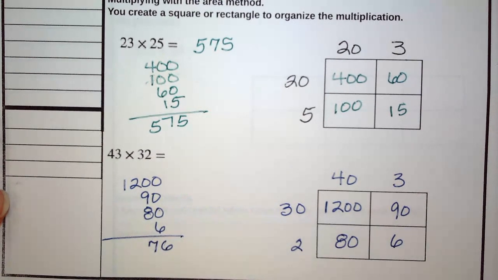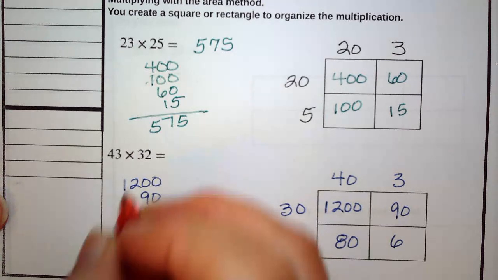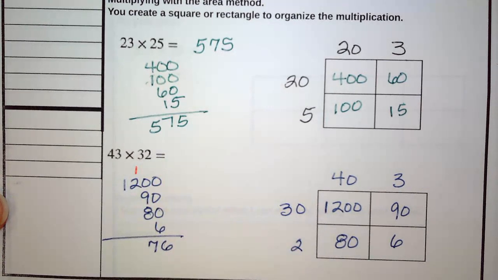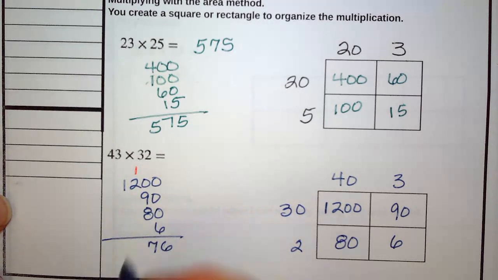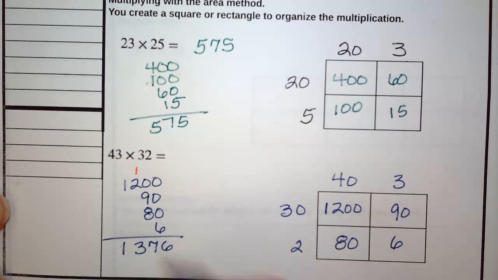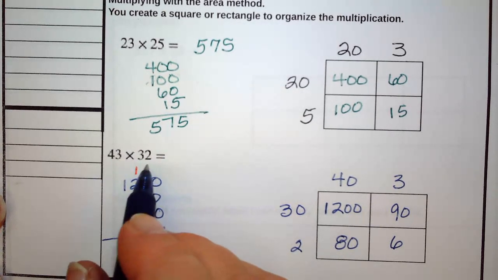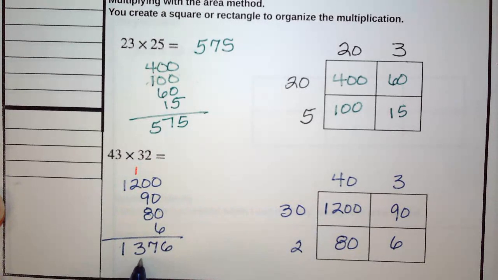I write the 7 down. I carry that 1 over. 1 plus 2 is 3. And bring the 1 down. So 43 times 32 is 1,376.